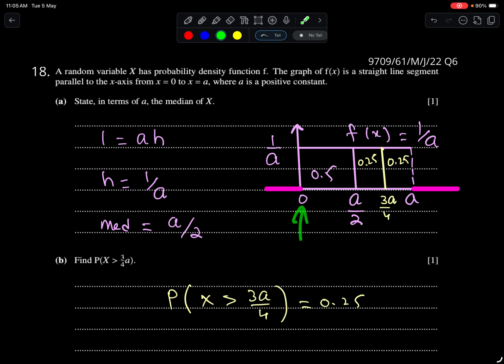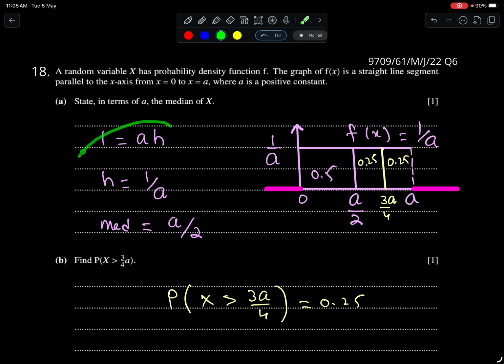This is the lower limit, this is the upper limit, this is a straight line, so it is a uniform distribution. So take the average of these two: a upon 2. By the way, this is the mean, median, mode, all are the same. In symmetrical graphs, all are the same, as in the normal distribution. So the median is a upon 2. Just take the average of these two.